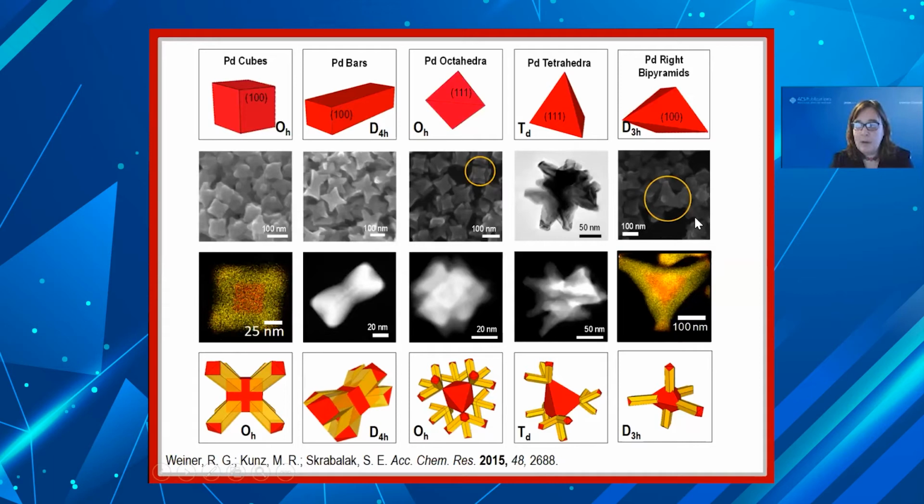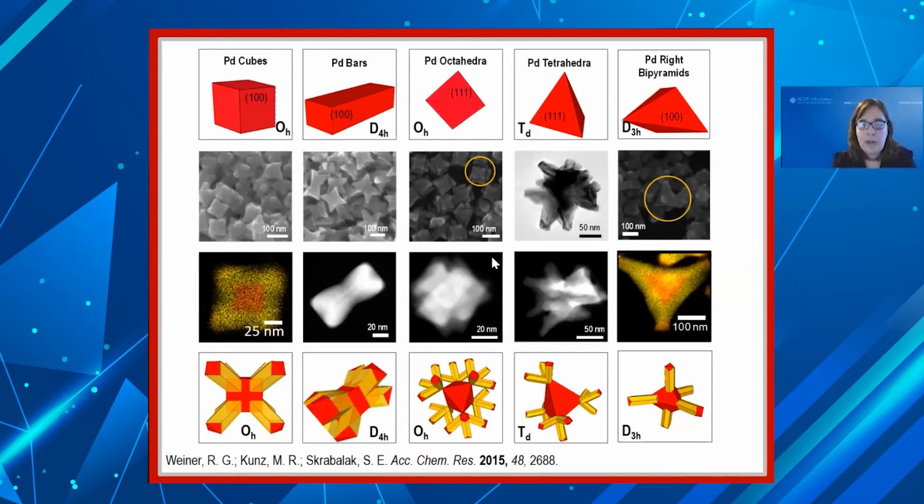Right bipyramidal seeds have a single twin plane that bisects the nanocrystal into 2 single crystalline domains. And so we end up with 2 axial branches proceeding in the 1-1-1 directions, but then the equatorial branches have the twin plane that continues into the branches and proceed along the 1-1-2 directions.